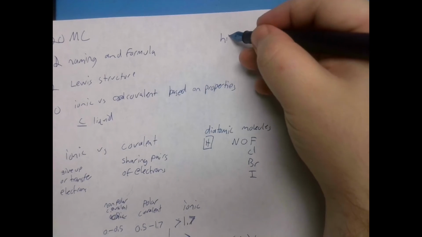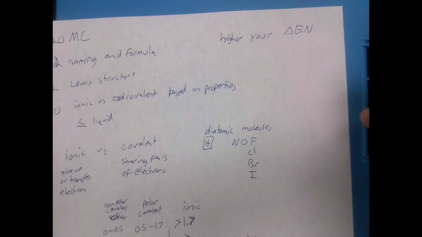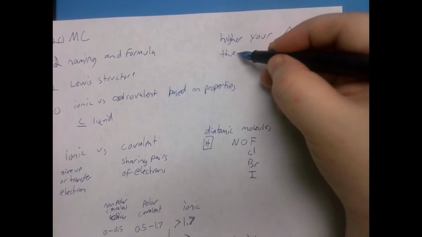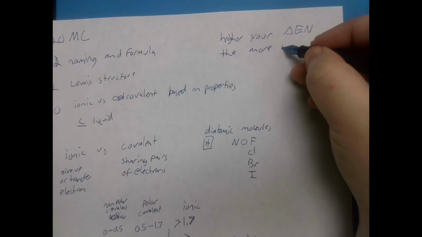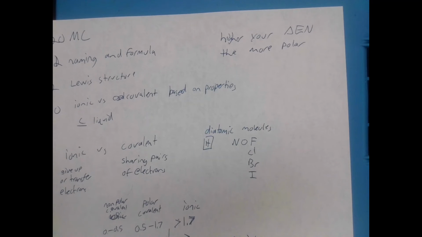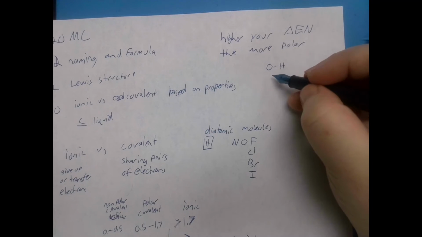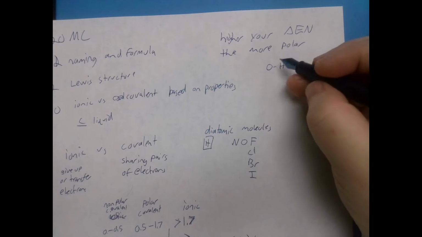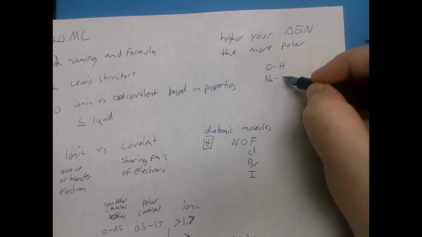The higher your difference in EN, the more polar you get. So, for example, OH versus NaCl.